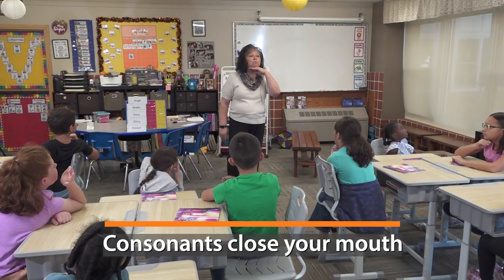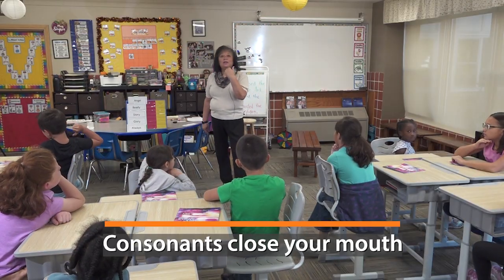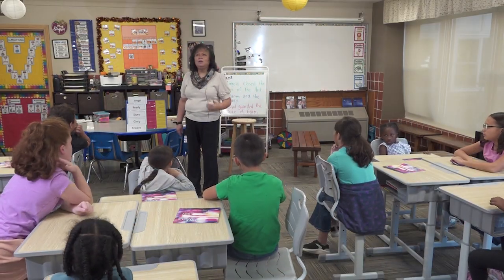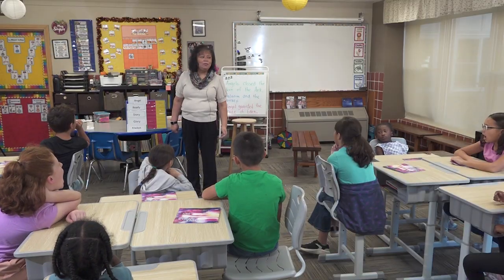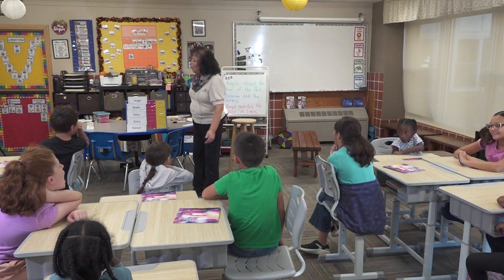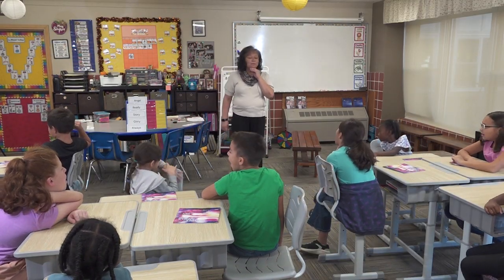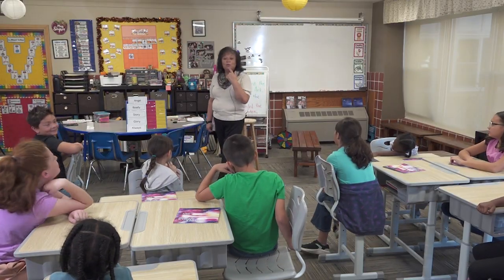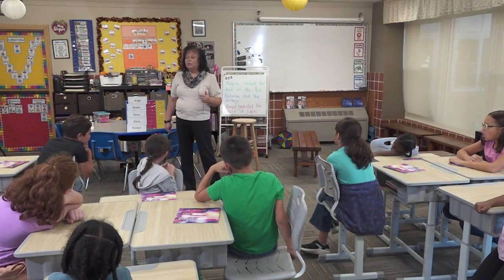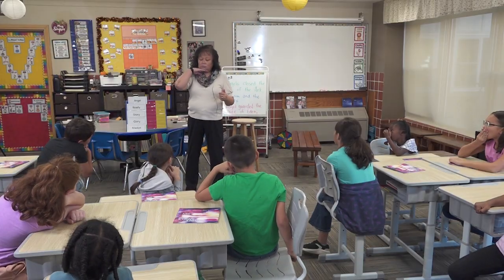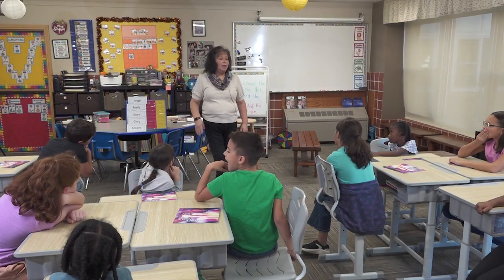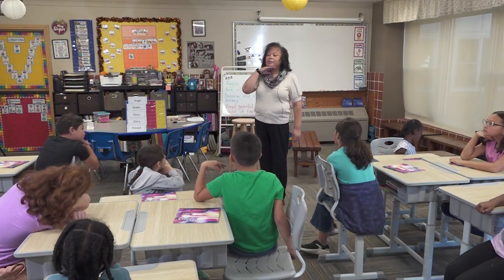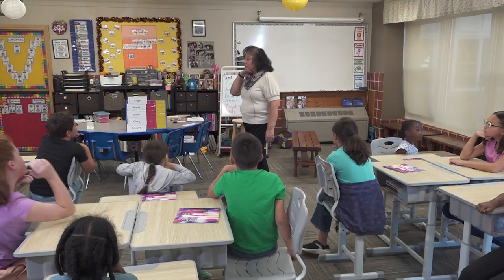B. Does it open? Can I say b with my mouth open? No. So, vowels open your mouth, consonants close your mouth. Okay? So let's put our hands under our chin.